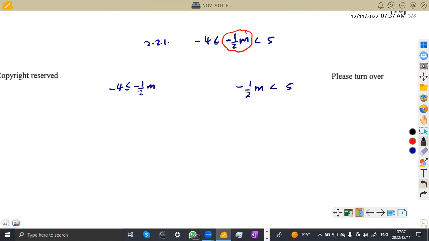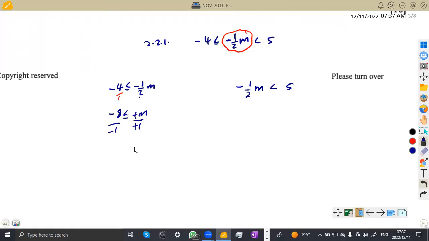As we can see, the -half is actually multiplying. So you can divide by -half if you want, or you can cross multiply. So many ways, guys. Someone might want to cross multiply 2 times -4, which is -8, is less than or equal to -m. So to find m, we divide by -1, which is the same thing as dividing by -half.